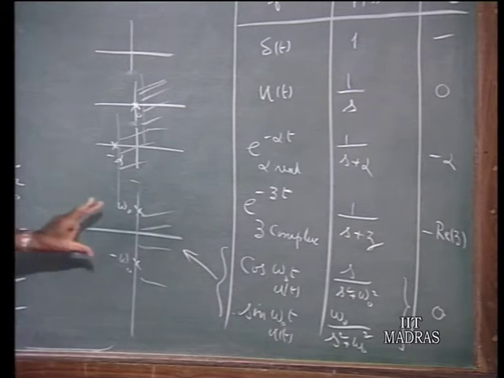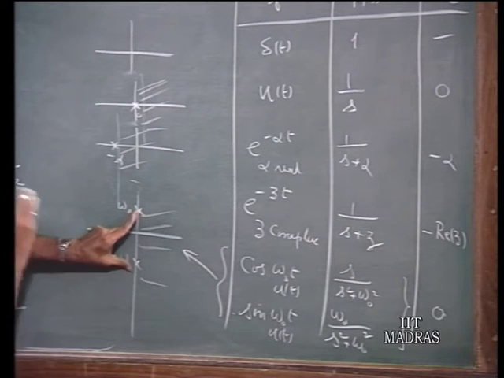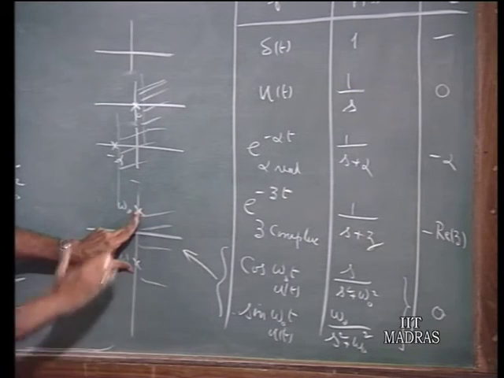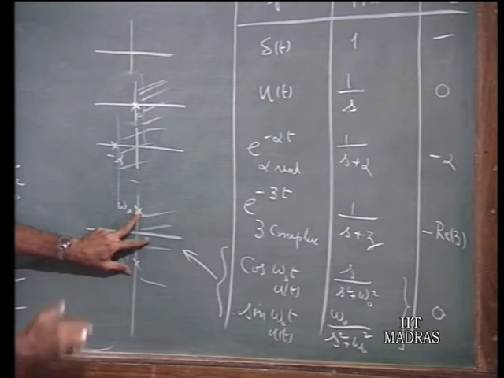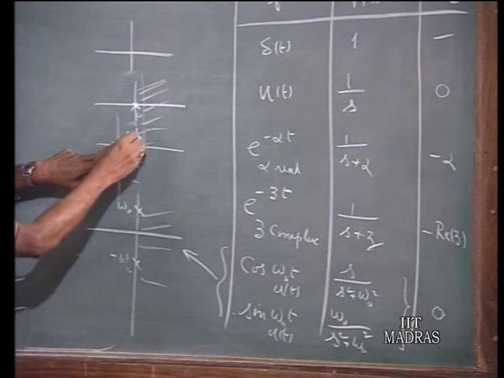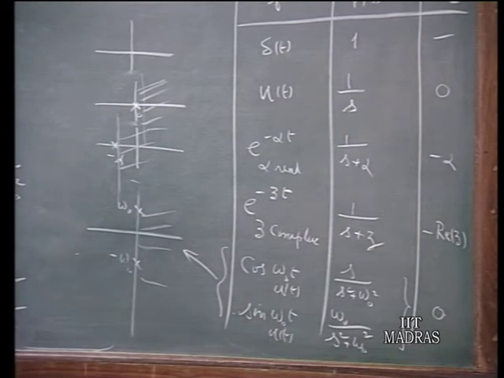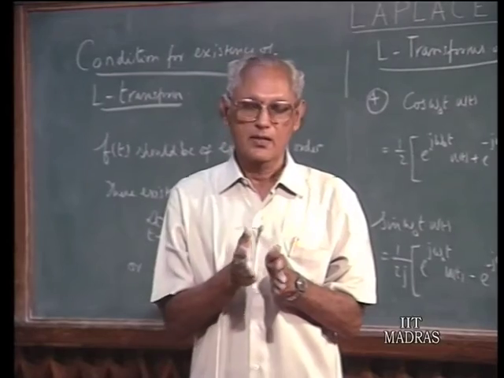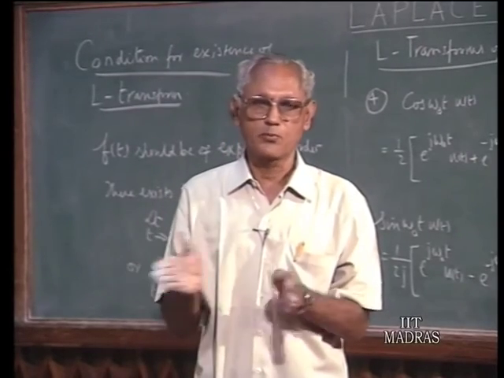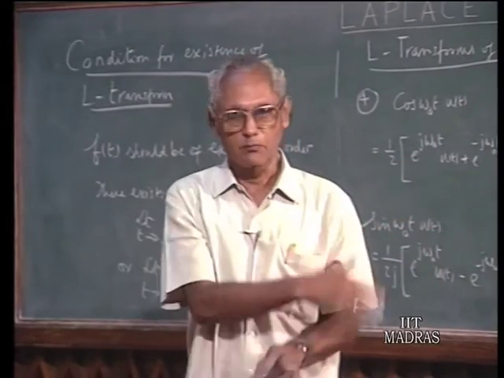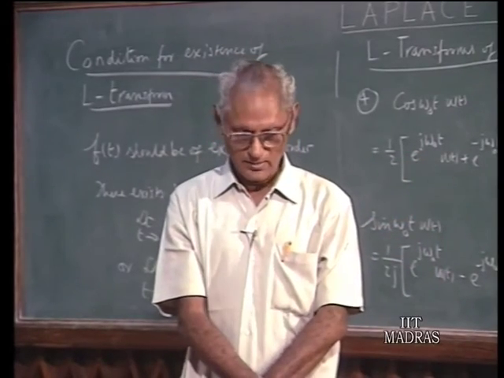In this case, there are only 2 poles. That means, the entire region to the right of these poles is the region of convergence. The entire region to the right of this is the region of convergence. The entire region to the right of this is the region of convergence. That means, the region of convergence is defined by the extreme pole, the rightmost pole that you are having for the particular function. More about this we will take up in the next lecture.